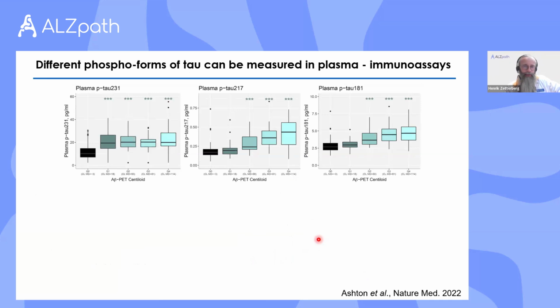This is what it looks like if we compare some different phospho-tau forms using immunoassays. There are several phosphorylated tau forms that you can measure. And here you see 231, and then 217 and 181. They look reproducibly a little bit different from each other.